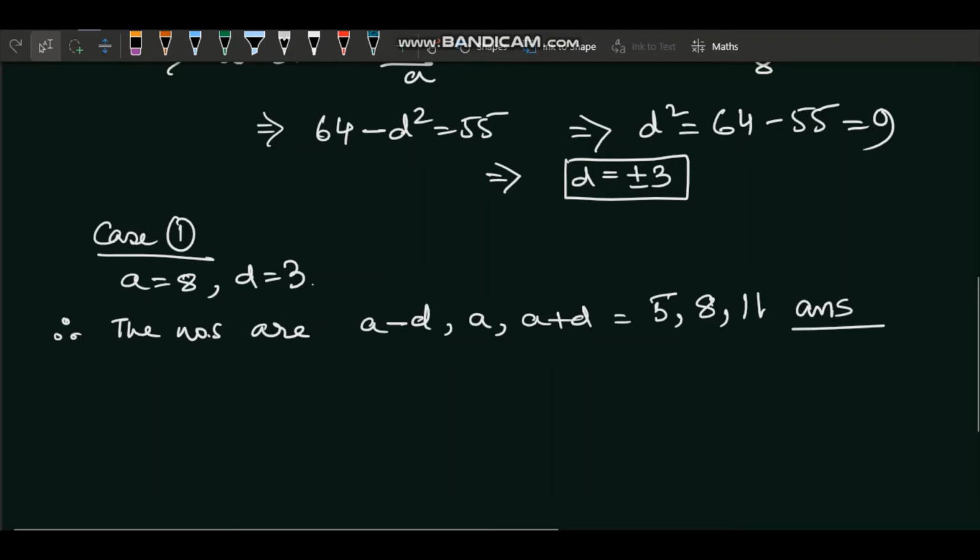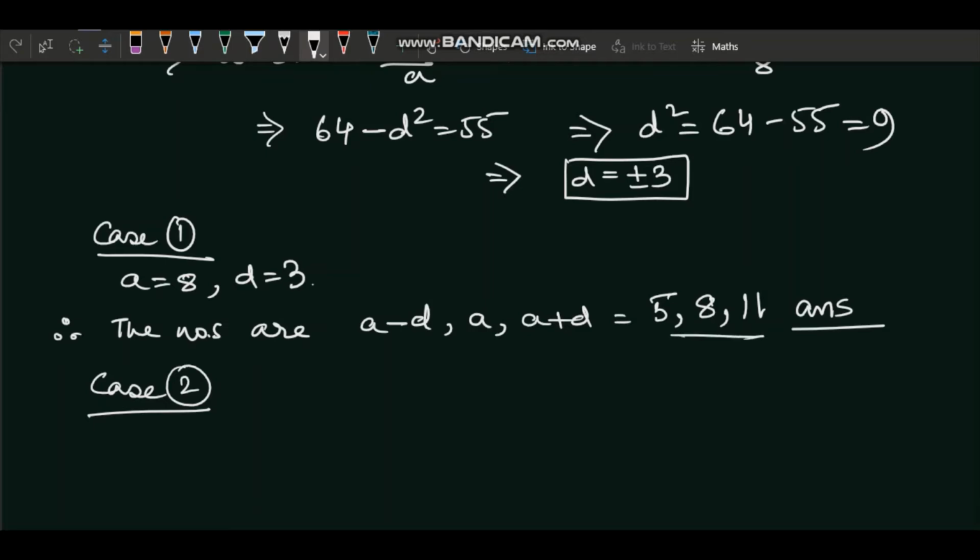Next, if you take d equal to minus 3, this just gets reversed. This is an increasing sequence. In that case, you will get a decreasing sequence. So a equal to 8 and d equal to minus 3 will just give you the same thing but in the reversed order.